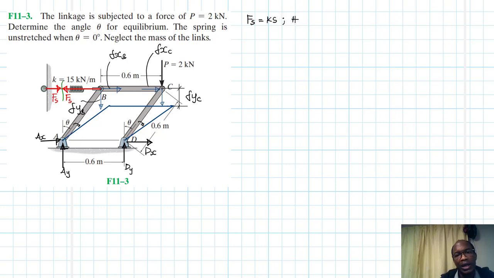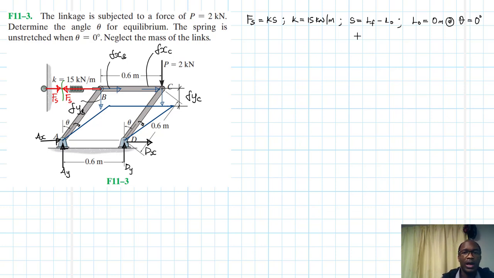And K itself is given as 15 kilonewtons per meter, right? And S is going to be equal to L final minus L naught, okay? And we know that L naught is equal to what? 0 meters at theta equal to 0 degrees.